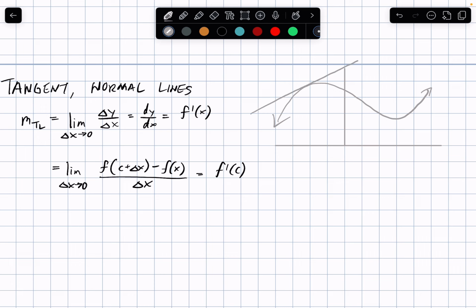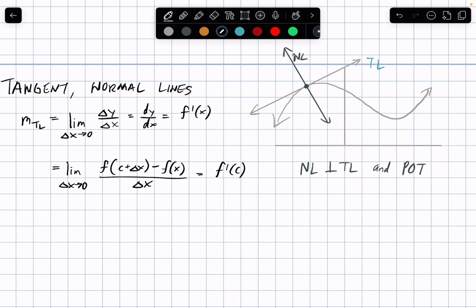If this is our tangent line, this is the intersection, and the normal line is going to be perpendicular to it. Therefore, you could say that the normal line is perpendicular to the tangent line at the point of tangency. The point of tangency is right there.